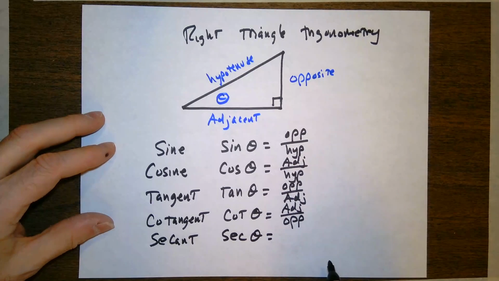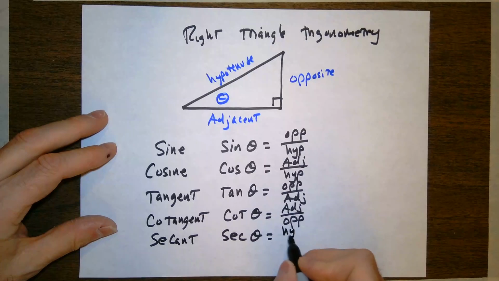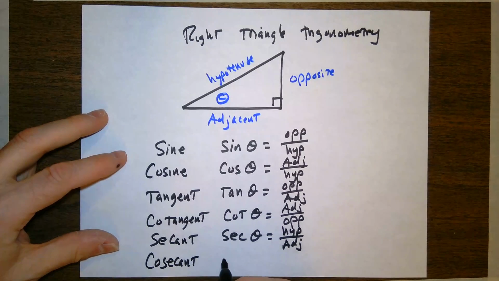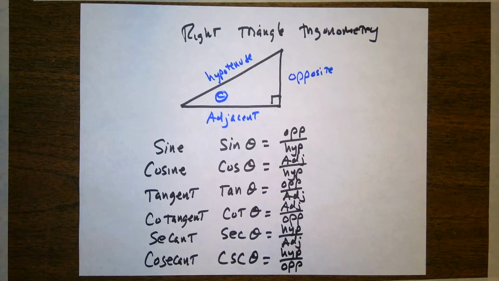The secant of any angle is the ratio of the hypotenuse divided by the adjacent. And then finally the cosecant, abbreviated as CSC. And the cosecant ratio is the hypotenuse divided by the opposite side. So here they are, all 6 trigonometric functions.